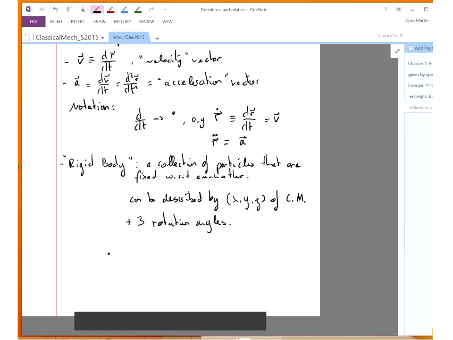Degrees of freedom. So degrees of freedom is the minimum number of scalar quantities that are required to specify the state of a system.